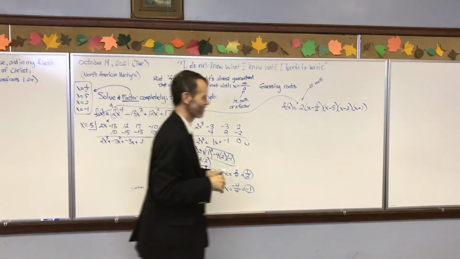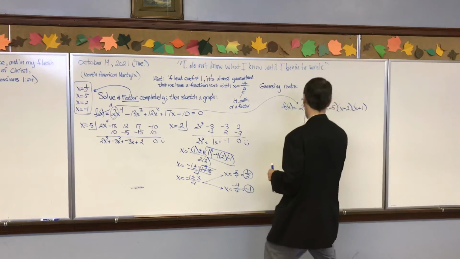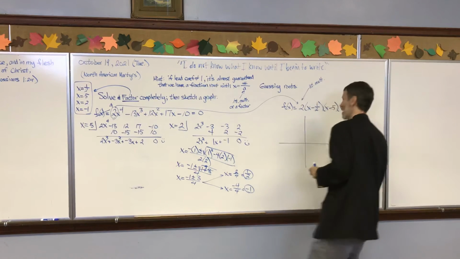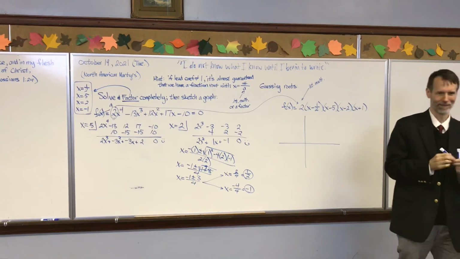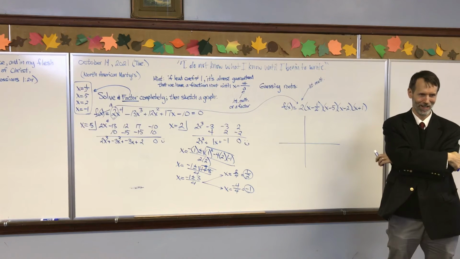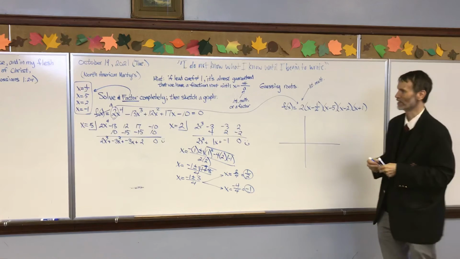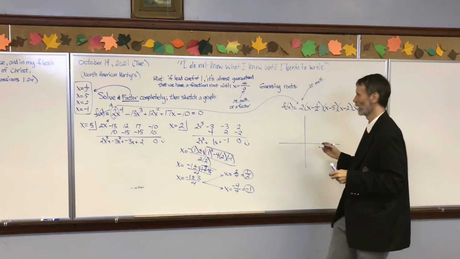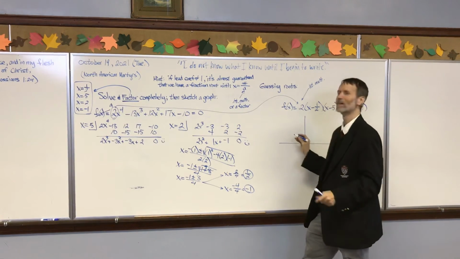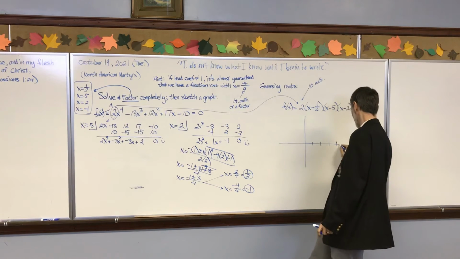Then sketch a graph. Oh dear. How? Is there anything you can tell me about where points would be on this thing? You know the x-intercepts. List them. 1/2? Oh man, a lot. I'll just do these 1, 2, 3, 4, 5.